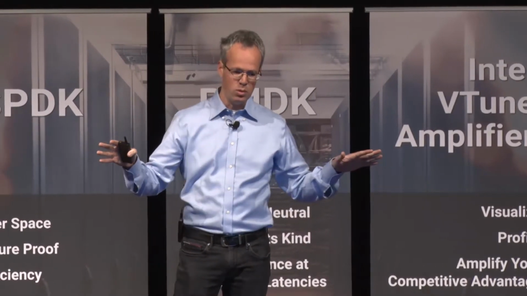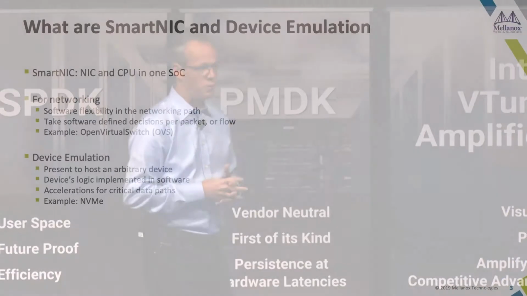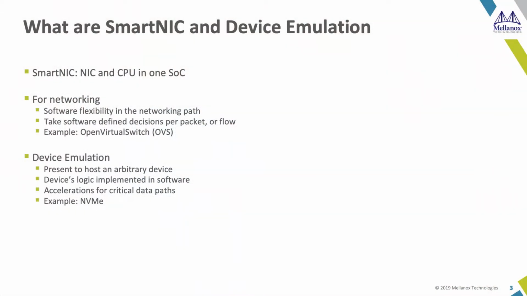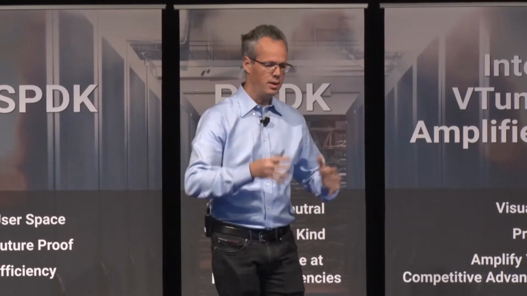We see two interesting use cases for this. One is more for networking purposes, so you can run your OVS and some kind of network enforcements inside the SmartNIC, and so the host that is using the SmartNIC can only have traffic running through specific rules. We're not going to talk about this now.